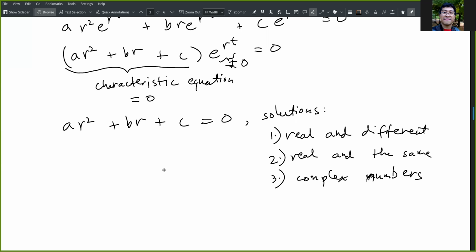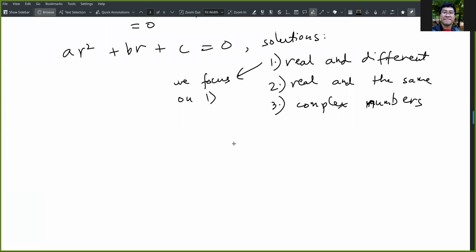But we focus only on the first one for this section. So the solutions are r1 and r2, where r1 is not equal to r2.